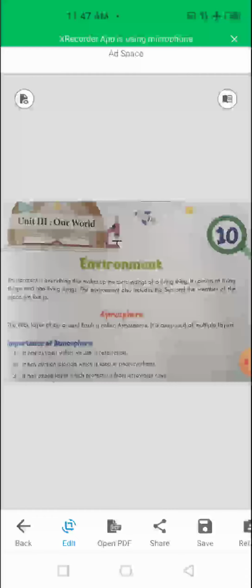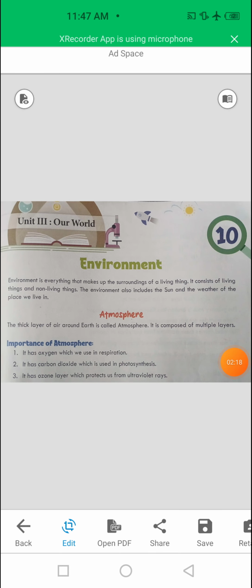And in this topic, we are going to discuss them. But let's discuss the importance of atmosphere. It has oxygen, which we use in respiration. It has carbon dioxide, which is used in photosynthesis, and it has ozone layer, which protects us from ultraviolet rays.